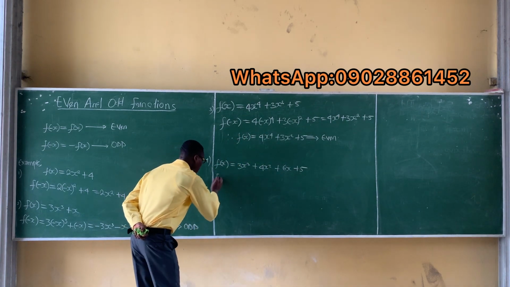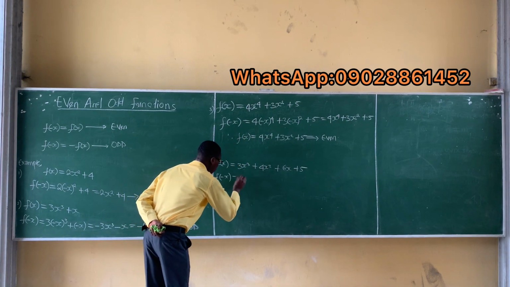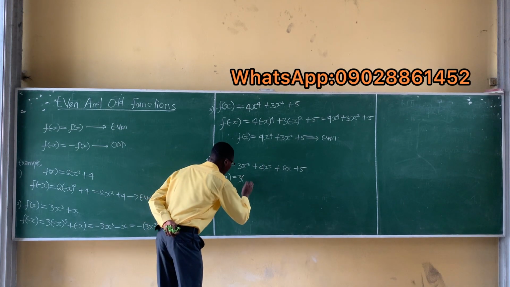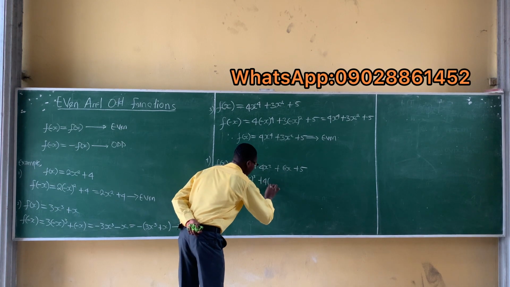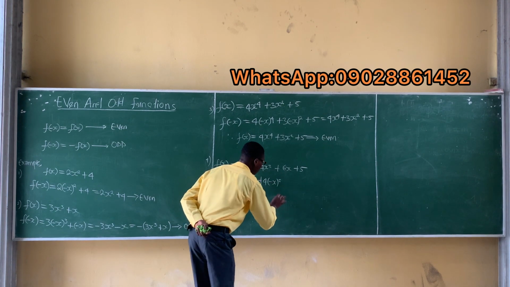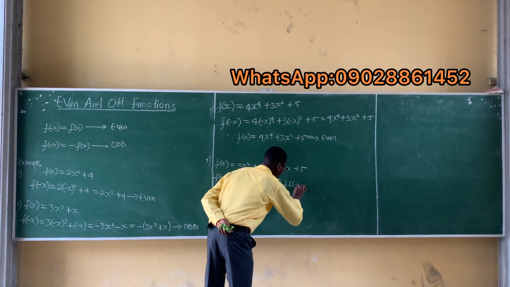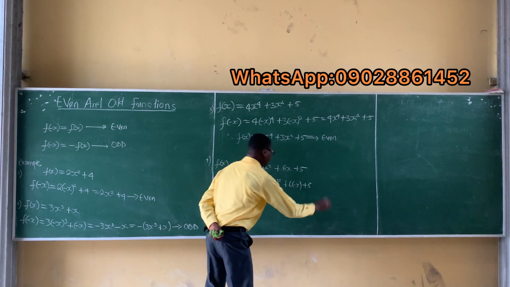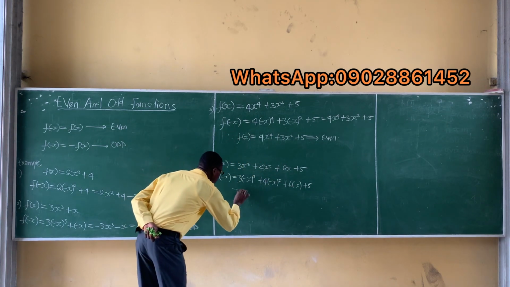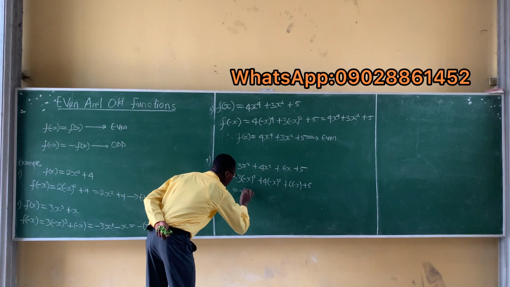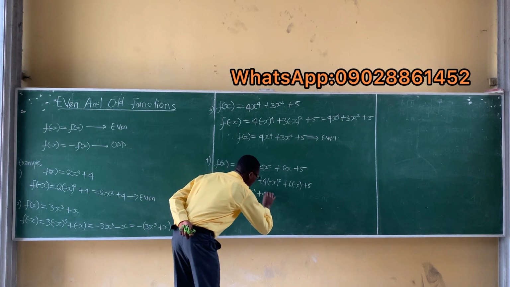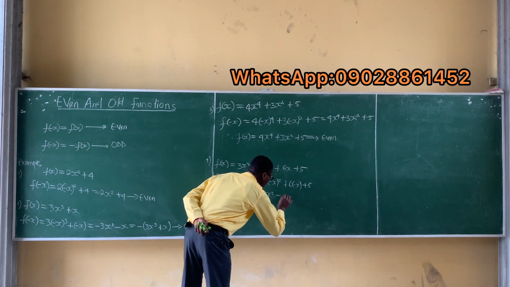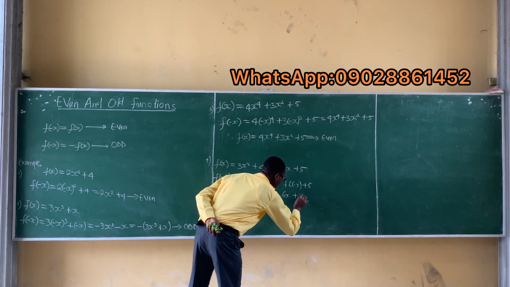It means that f of minus x will be equal to 3 into minus x to the power of 3 plus 4 into minus x to the power of 2 plus 6 into minus x plus 5. So we are going to have minus 3x to the power of 3 plus 4x squared minus 6x plus 5.